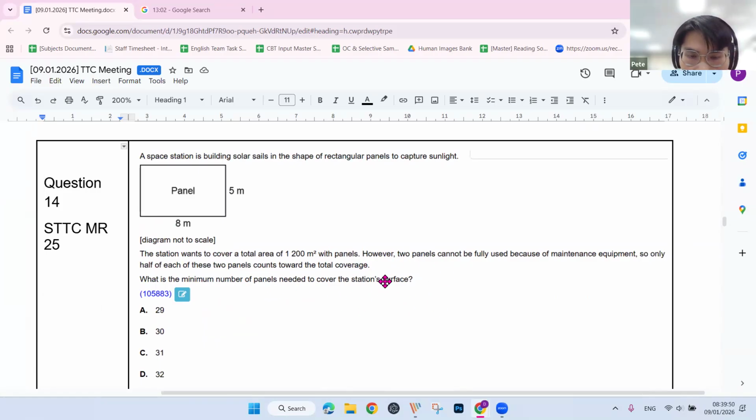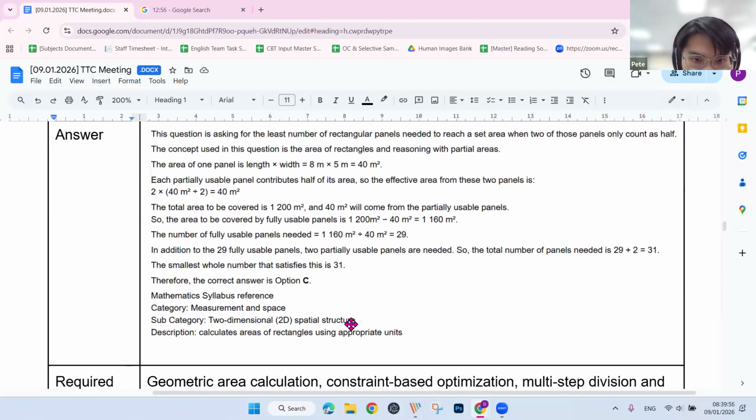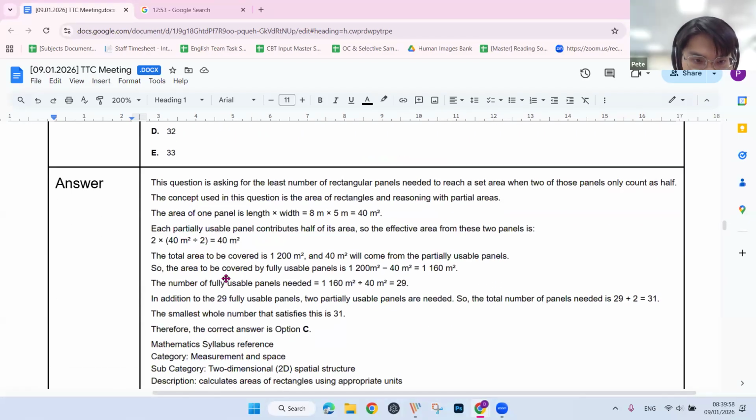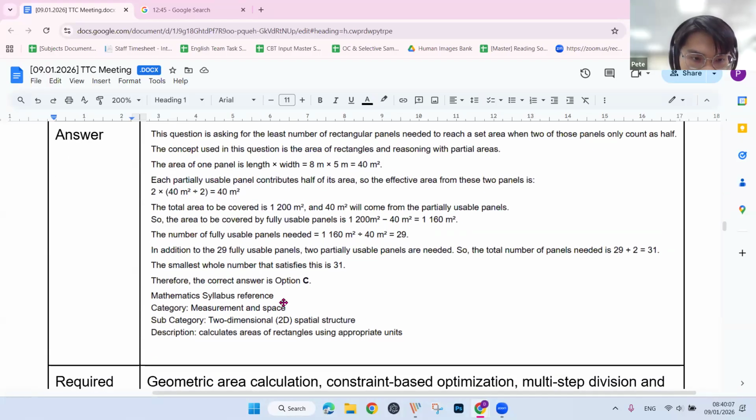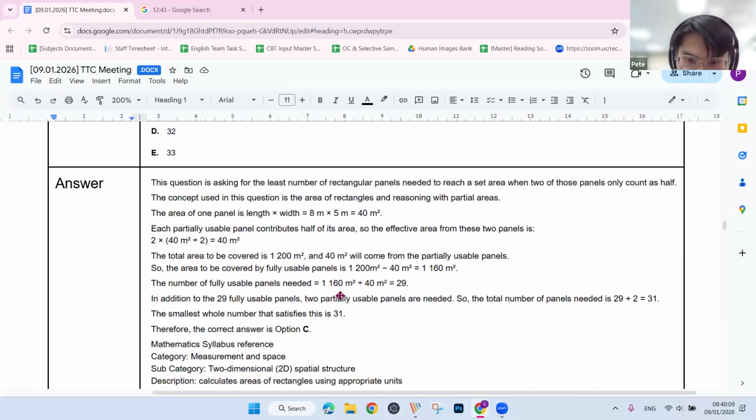This means that we need to remove one full panel from the total. So from the total area, we remove 40 square meters. We will have 1,160 square meters left. And we divide by the area of one panel, and we will have 29 panels.